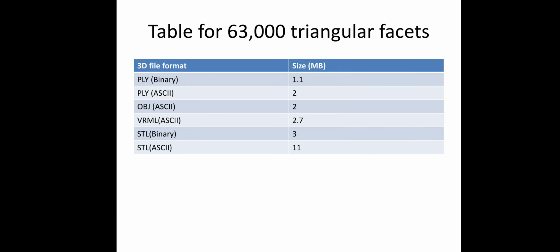And for a table of 63,000 triangular facets, PLY binary takes 1.1 MB, PLY ASCII takes 2 MB, OBJ ASCII takes 2 MB, VRML takes 2.7 MB, STL binary takes 3 MB, and STL ASCII takes 11 MB.